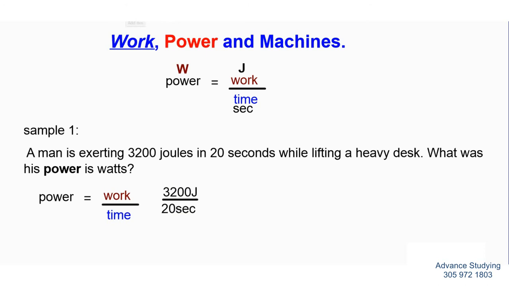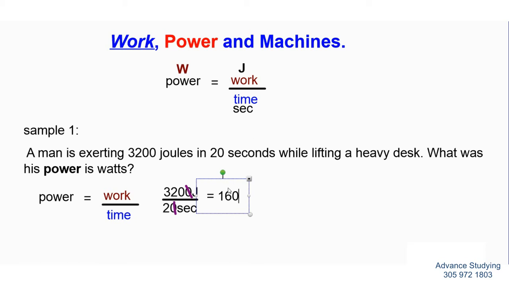Okay, if I do the math carefully, I could simply see that I don't need a calculator for this because I could cancel 10 with 10, and now I have 320 divided by 2, and 320 divided by 2 gives me 160.